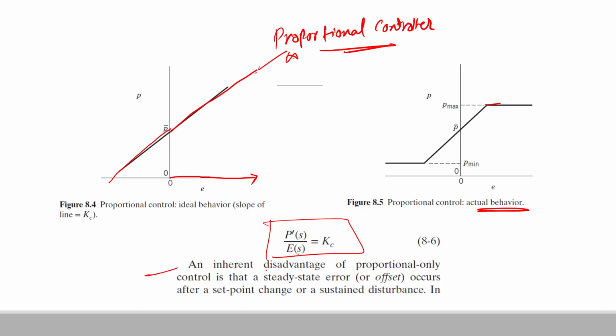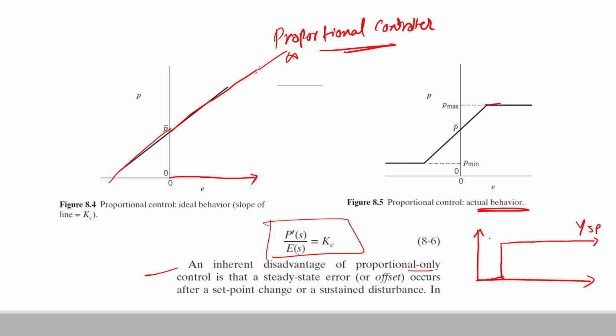One disadvantage of the proportional only controller is that a steady state error or offset occurs after a set point change or sustained disturbance. Let's just consider that I am changing my input, that is, I'm changing my set point.